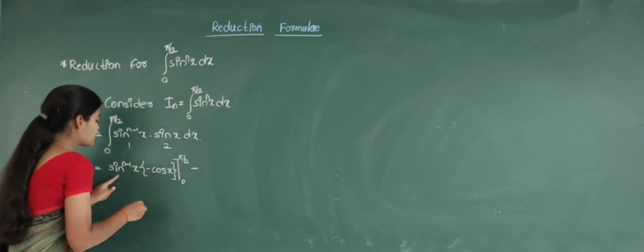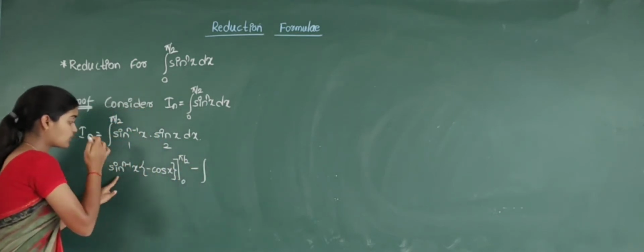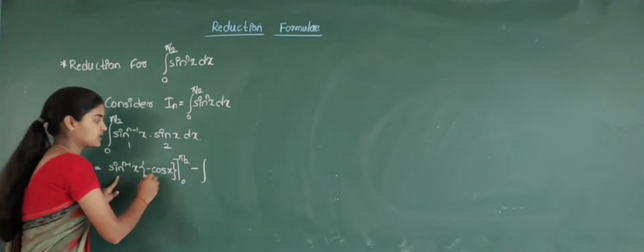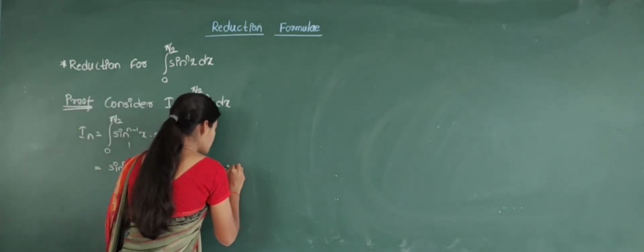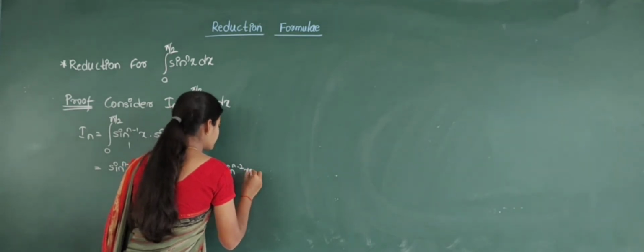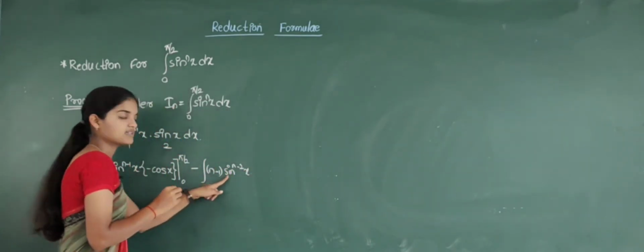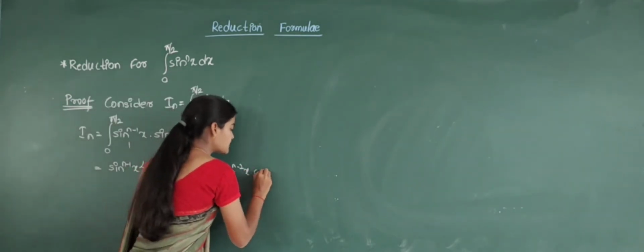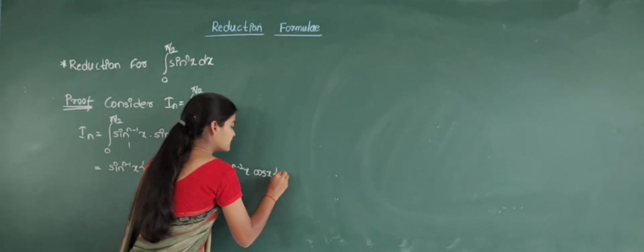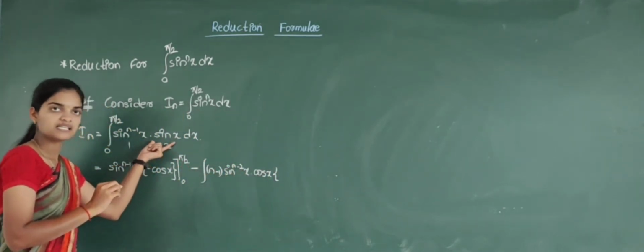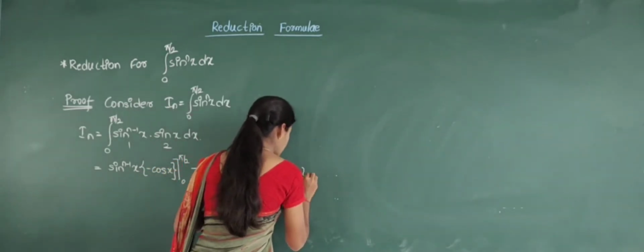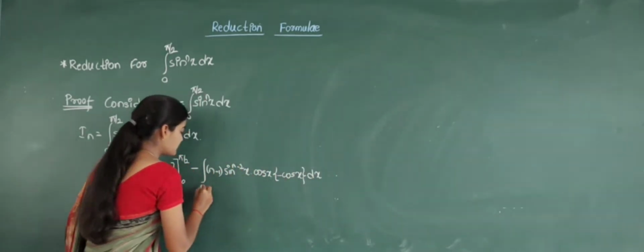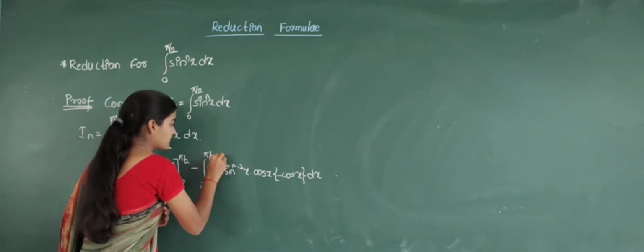Then minus integration of the differentiation, which is n minus 1 into sin raised to n minus 2 x into cos x, and into the second function's integration, that is minus cos x, into dx. Limits are from 0 to pi by 2.